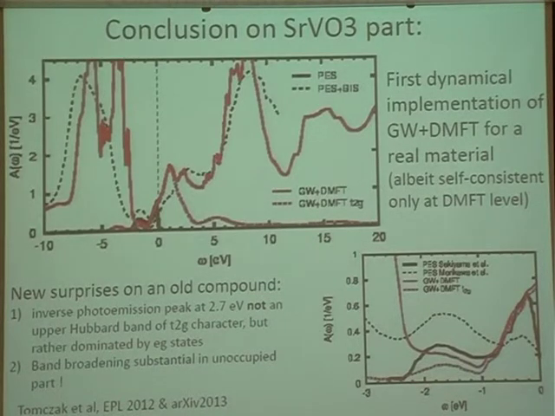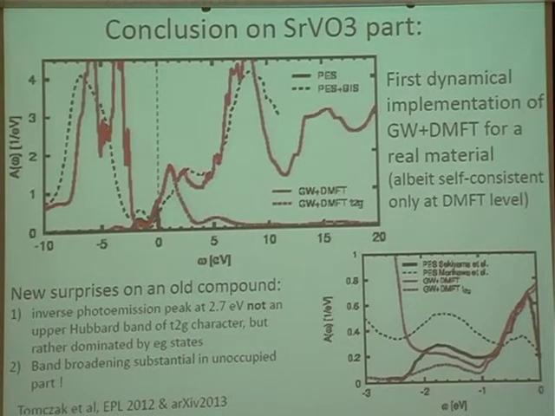this is the result that you get then for this, your favorite compound strontium vanadate. And for those of you who attended the conference, you probably remember this slide. So what you see here is that you have the ligand states, oxygen, and the empty conduction band states. You have the T2G manifold somewhere here.